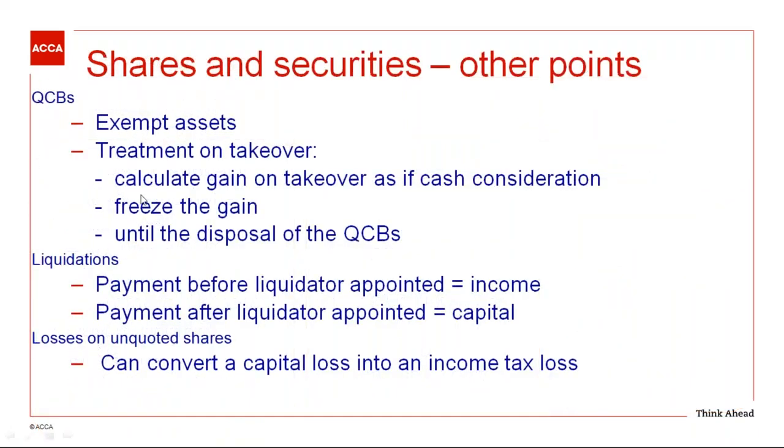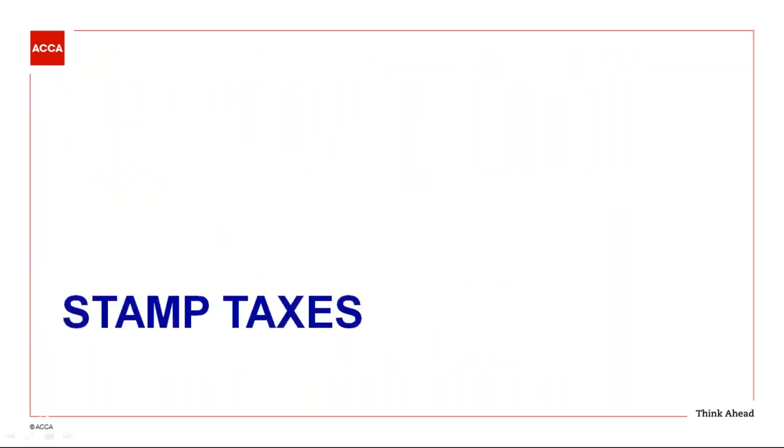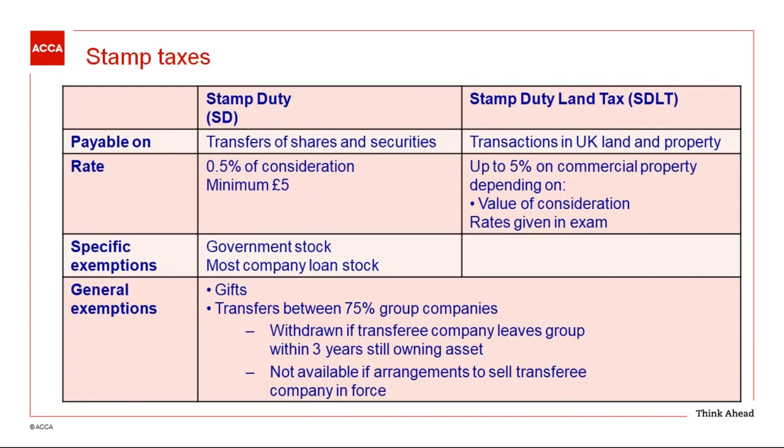With regard to QCBs, qualifying corporate bonds, you know that qualifying corporate bonds are exempt assets from CGT. And then stamp duty tax. Stamp duty tax is actually a part of CGT because when you sell land, it will be subject to stamp duty land tax.